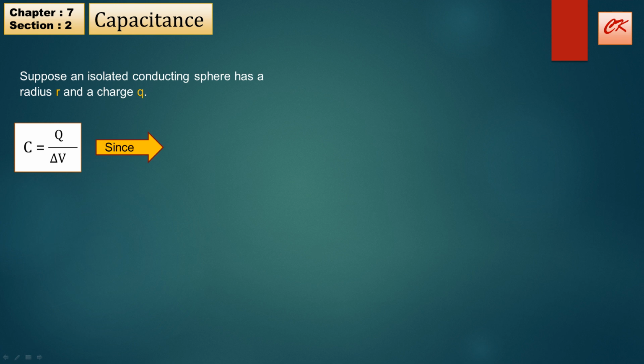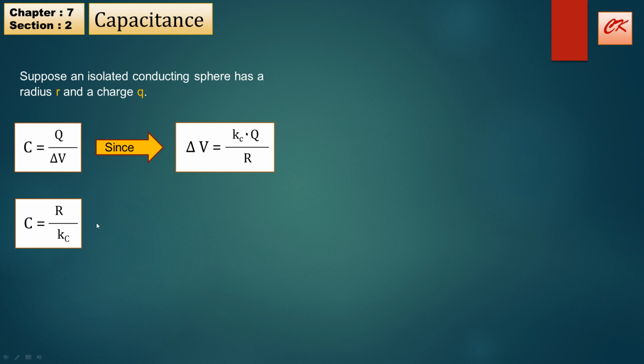Suppose an isolated conducting sphere has a radius r and a charge q. Its capacitance is equal to q over delta V. Since we learned delta V is kq over r, for the sphere the capacitance will be r over kc. Here kc is the Coulomb constant, so it is constant.